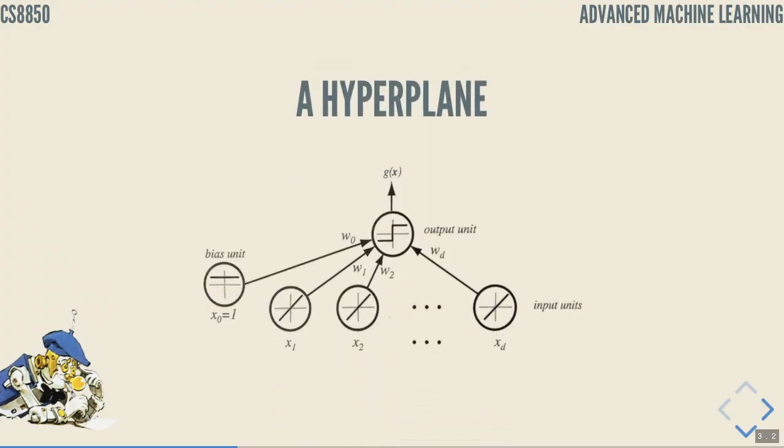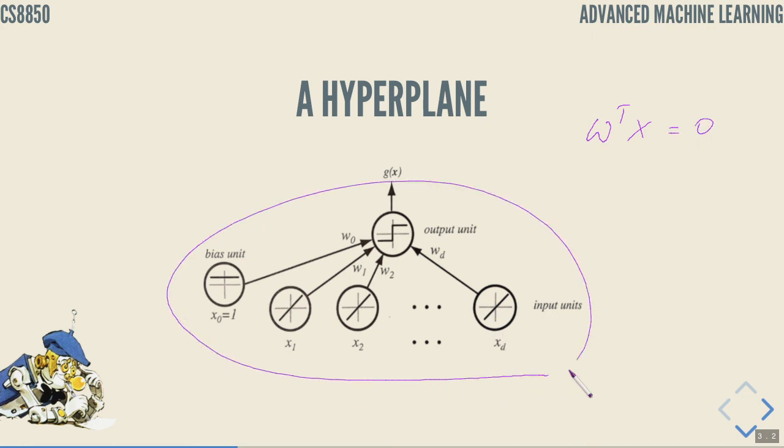So back to the hyperplane. If we draw our hyperplane equation, lots of things in science are about seeing things at the right angle. So W transpose X equals 0. That's equivalent to this picture, right?